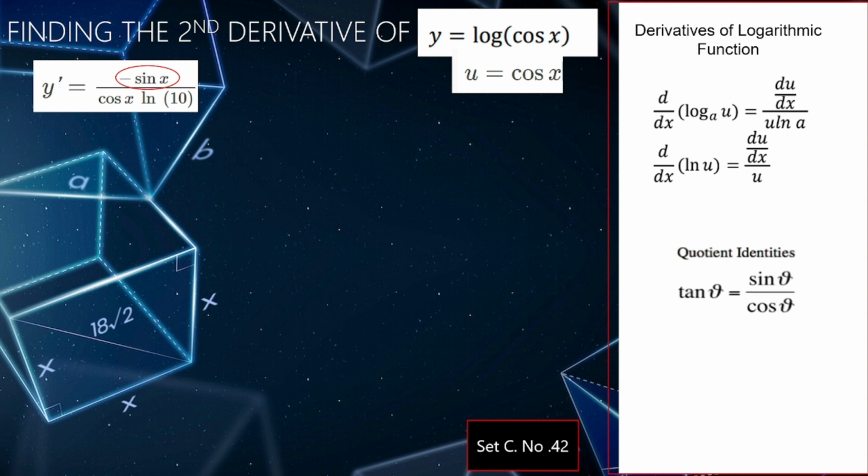And then we will use the quotient identity in trigonometric functions, which is sin over cos is equal to tan. Therefore, we can rewrite this as y prime is equal to negative tan x over ln 10.